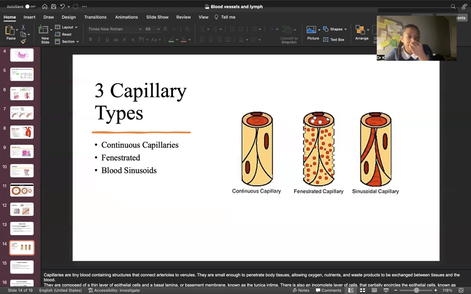Yeah, not only are capillaries so important, there are also different types of them depending on what part of the body we're dealing with. Like I said, there are different structural types: continuous capillaries, fenestrated capillaries, and then what we call the blood sinusoid capillaries.